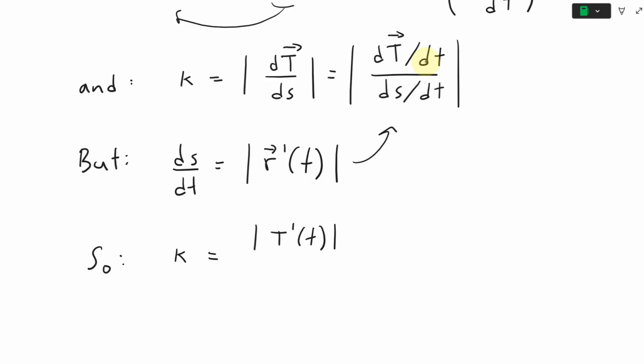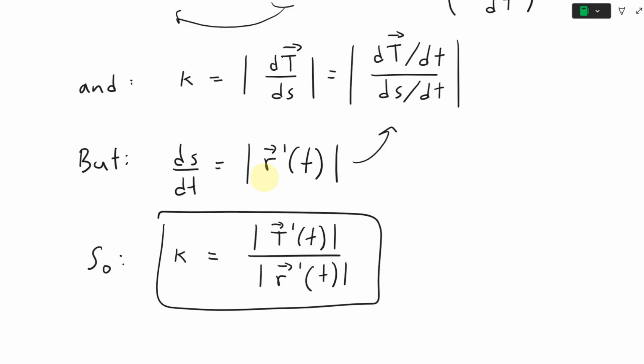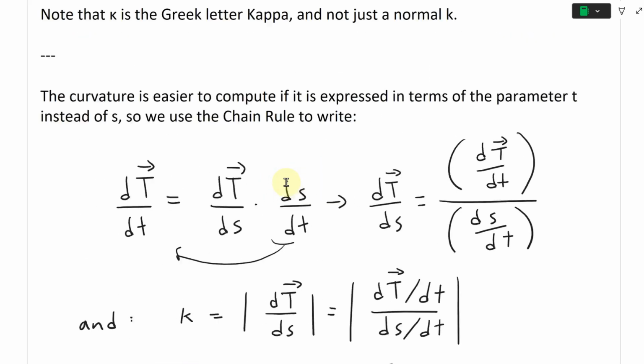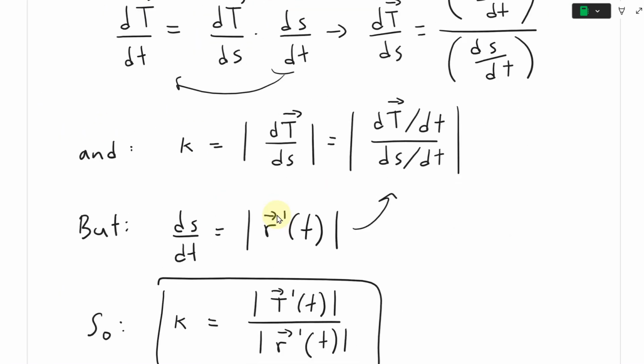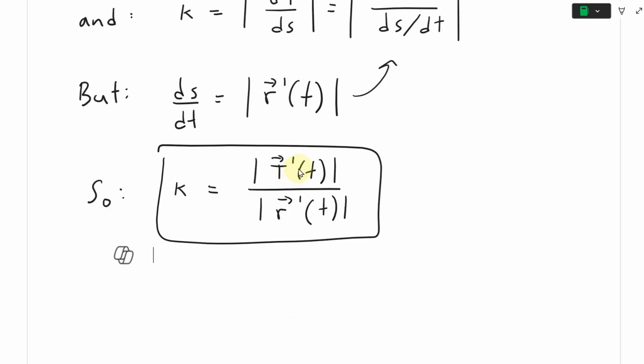So that's what the curvature is in terms of t. The curvature in terms of s is just the magnitude of the derivative of the unit tangent vector, but in terms of t, it's the magnitude of the derivative of T divided by the magnitude of r prime of t. So yes, fascinating stuff.